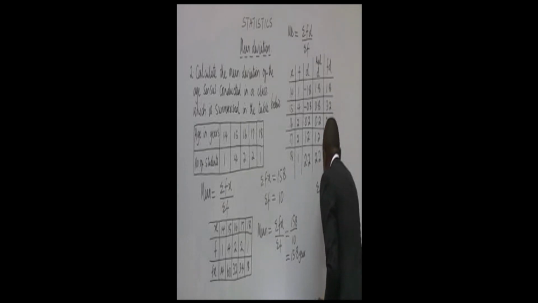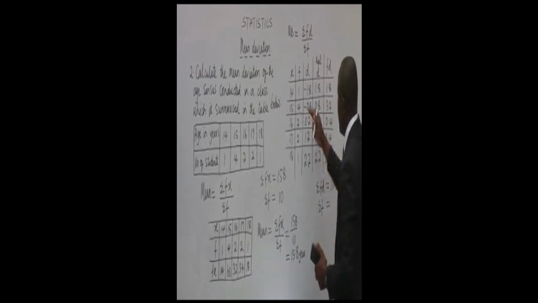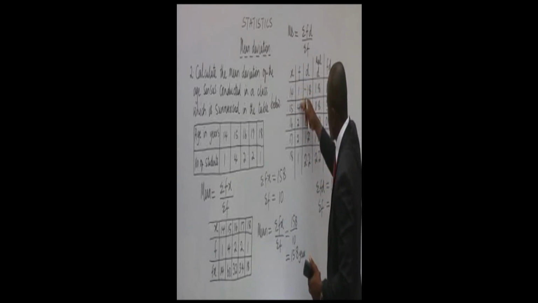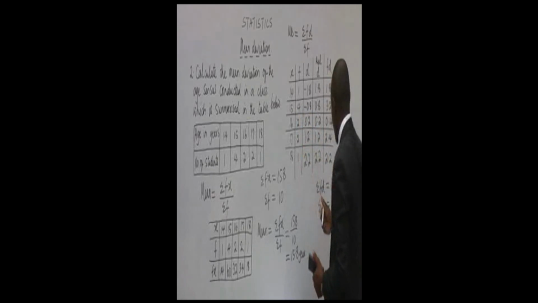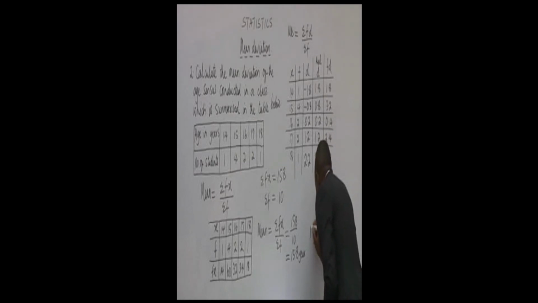Now our summation F, these are the frequencies: 1 plus 4 is 5, plus 2, 7, plus 2, 9, plus 1, 10. That means that our mean deviation, MD, is equal to 10 divided by 10, which is 1.